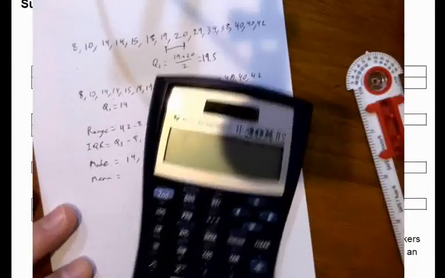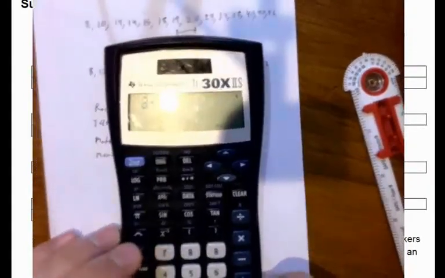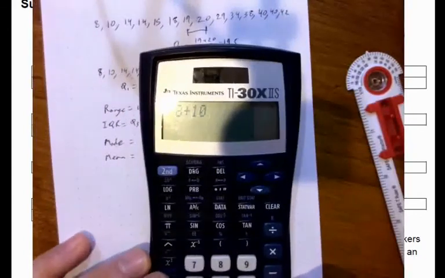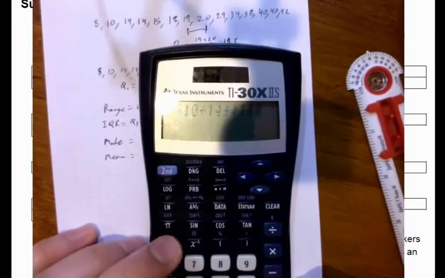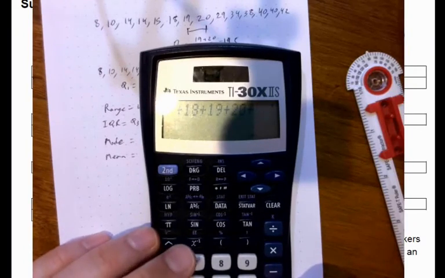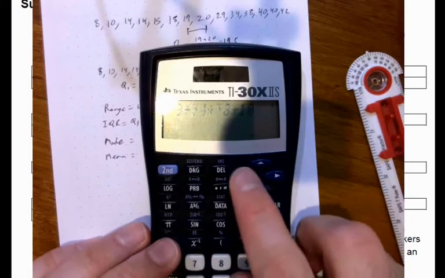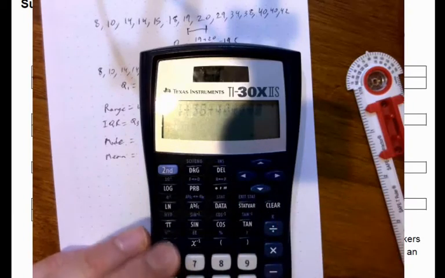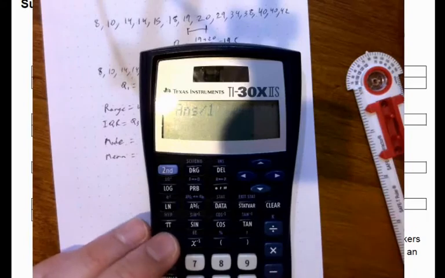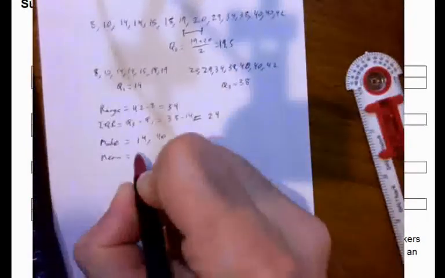I'll put my calculator here so you can see on the screen as I add them up. 8 plus 10, plus 14, plus 14, plus 15, plus 18, plus 19, plus 20, plus 29, 34, 38, 40, 40, and 42. And then I divide that value by 14. I end up with 243.